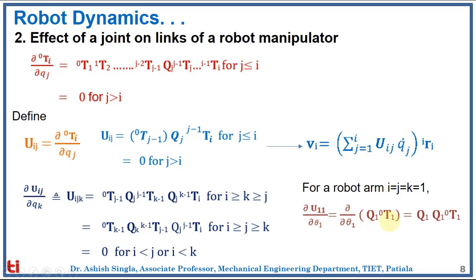And when we expand this, we actually get q1 dot times the partial derivative of this plus q1 times the partial derivative of T1. The derivative of q1 is 0 because it is a constant, and the partial derivative of this transformation matrix is nothing but the transformation matrix multiplied by q1. Therefore, we get 2 q's.